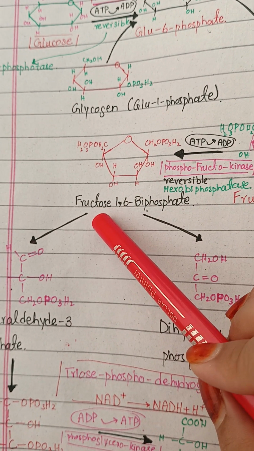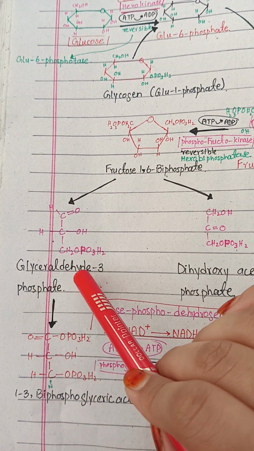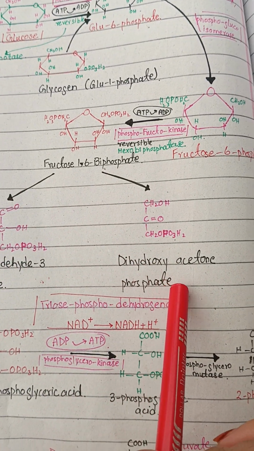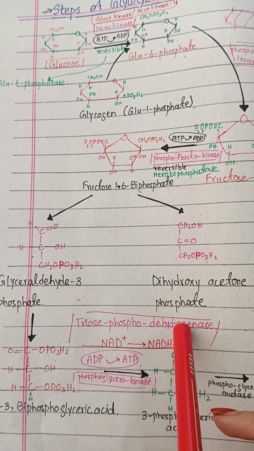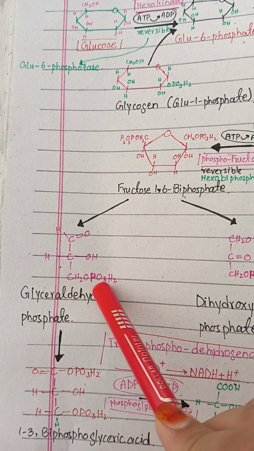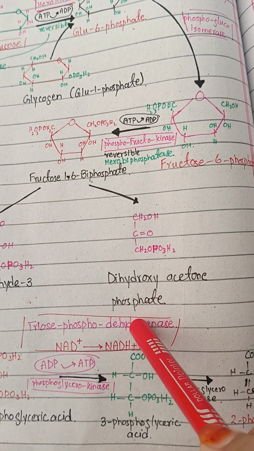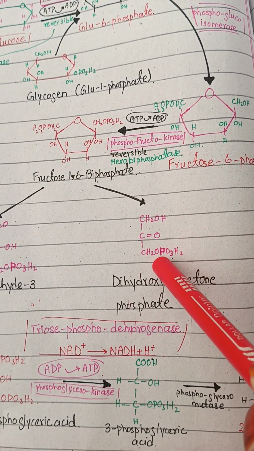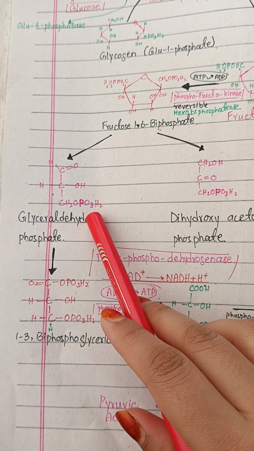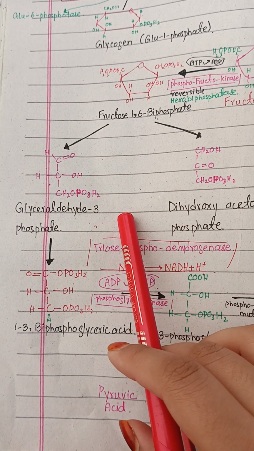Now this fructose 1,6 biphosphate is converted into glyceraldehyde 3 phosphate, mean G3P, and dihydroxyacetone phosphate. ठीक है, this is the structure of glyceraldehyde 3 phosphate. It has a phosphate group at the last carbon, and the dihydroxyacetone also has a phosphate group at the last carbon atom. Now this dihydroxyacetone phosphate is converted into glyceraldehyde 3 phosphate because these are isomers of each other.